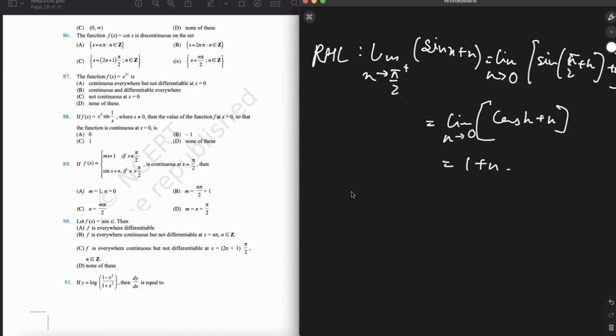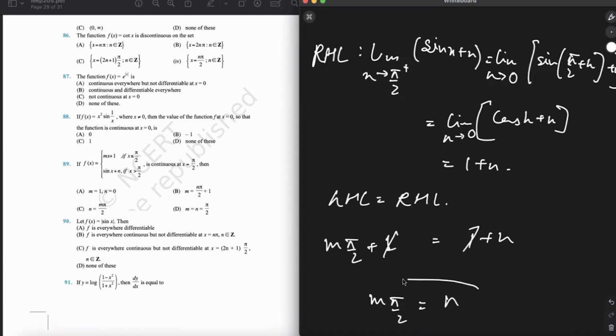If it is continuous at pi by 2, then LHL should be equal to RHL. My RHL is 1 plus n, and my LHL was m pi by 2 plus 1. So m pi by 2 equals n. This is the condition that must be satisfied. So option C is the correct answer for this.